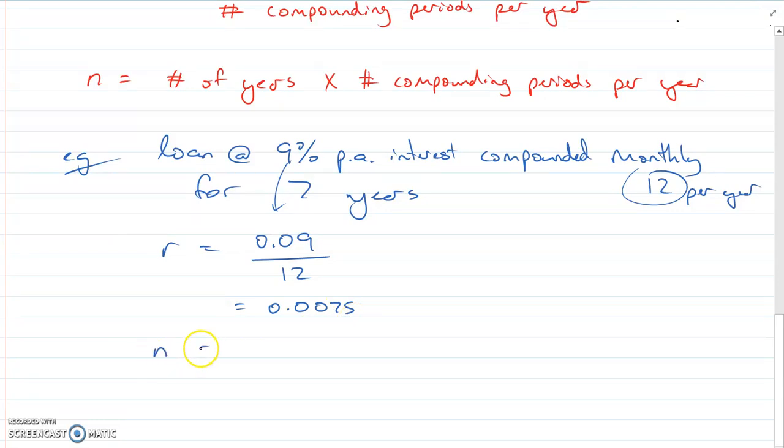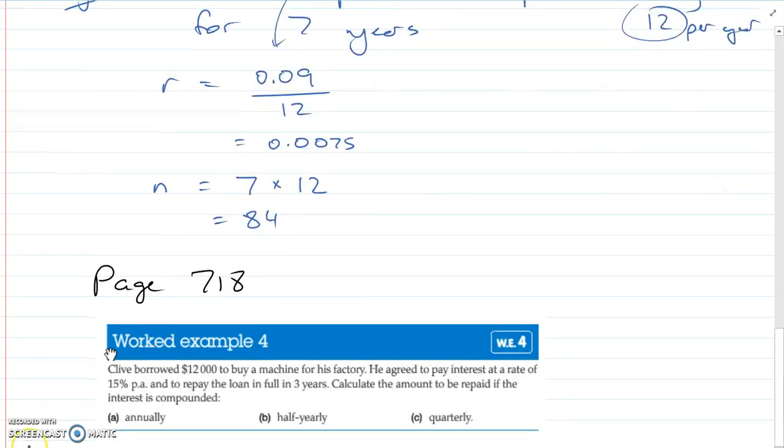And N, if I'm getting interest monthly, the number of compounding periods is going to be 7 times 12. Each year I'm going to get 12 interest payments, so a total of 84 payments.